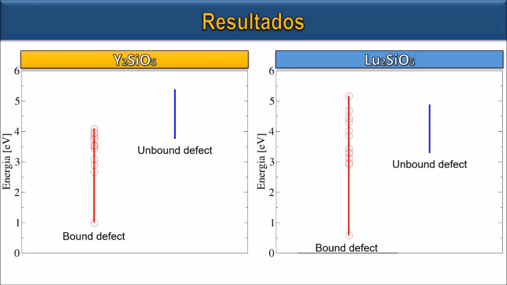The oxygen Frenkel defect, which had the lowest energy cost in both silicates, is formed by oxygen vacancies and interstitial oxygen.